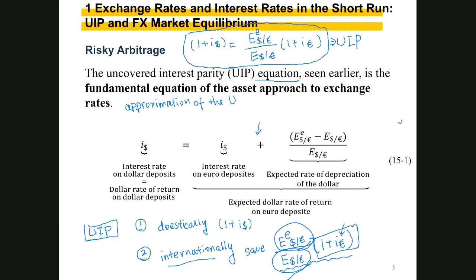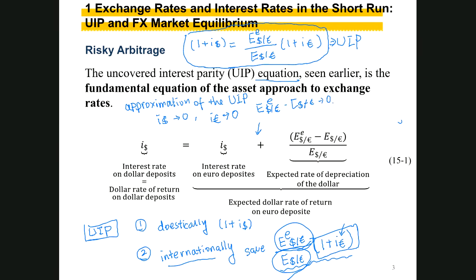It means we assume the domestic interest rate is very close to zero, the foreign interest rate is very close to zero as well, and the exchange rate change is very close to zero.